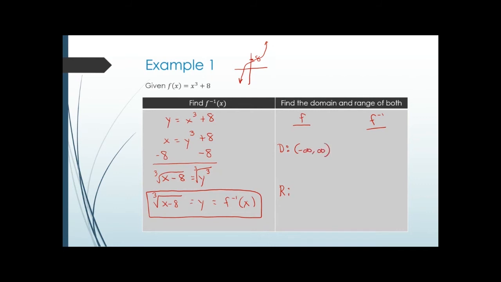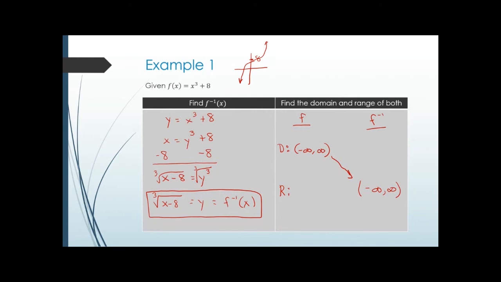That is listed in the textbook when you learned about a parent function, and it's also on the printout that says a library of parent functions in the weekly content. So that gives you the domain. The domain of the original function is equal to the range of the inverse function. So that means the range is all real numbers from negative infinity to positive infinity.